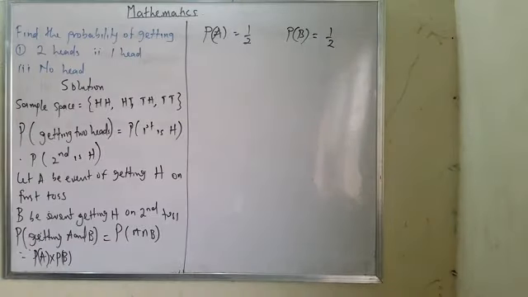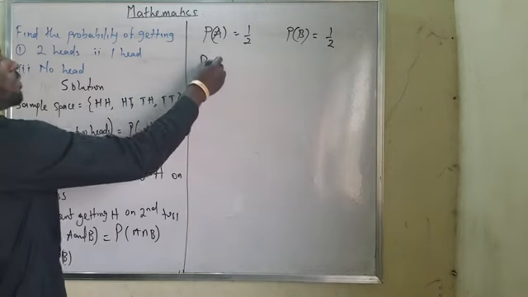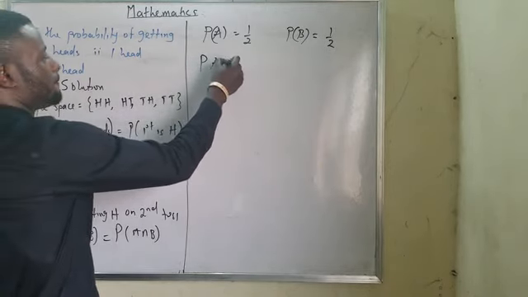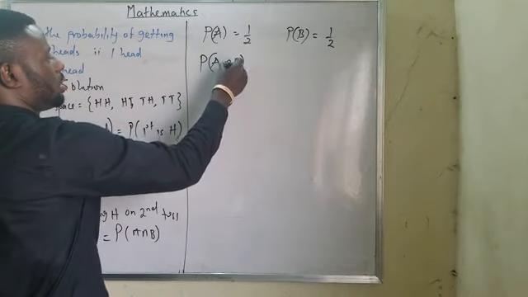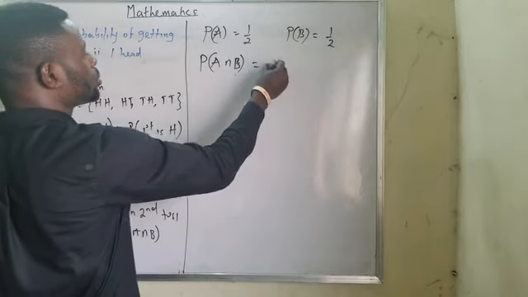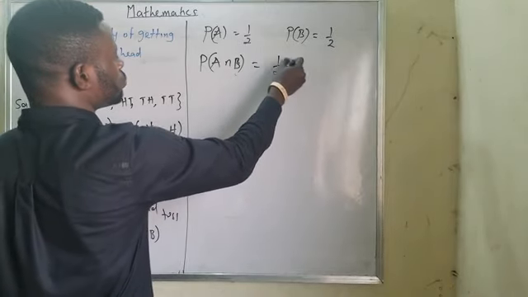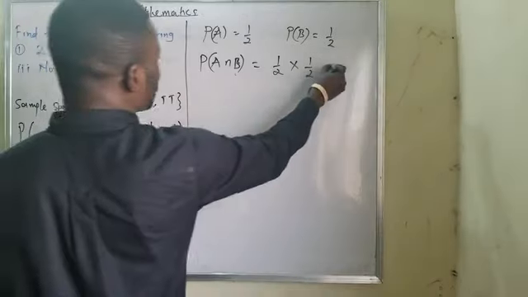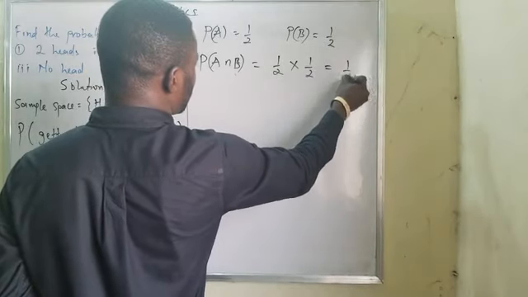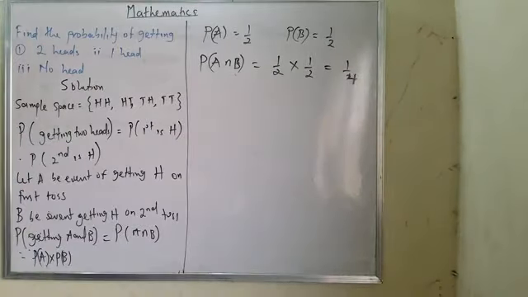That is all you need to know. Now the probability of A intersection B will be 1 over 2 multiplied by 1 over 2, which is 1 over 4. Now that is very, very important. It means my answer number 1 is 1 over 4.